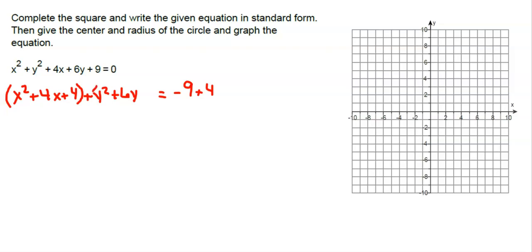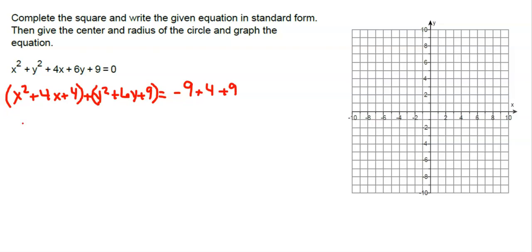And then for the terms with the y's in them, we can complete the square by saying 6 divided by 2 is 3, and 3 squared is 9. So we'll add 9 to the terms with the y's in them, but we also have to add 9 to the right side of the equation to keep a balanced equation.